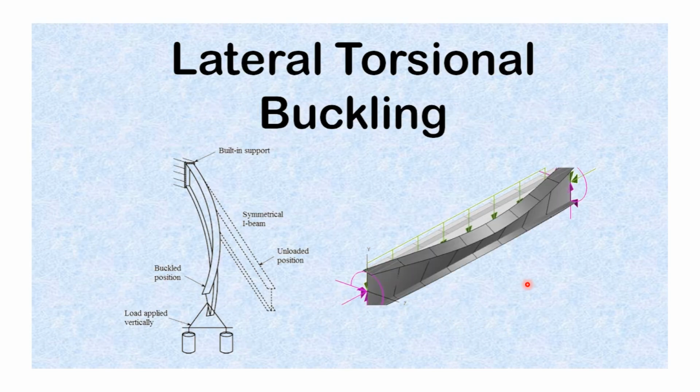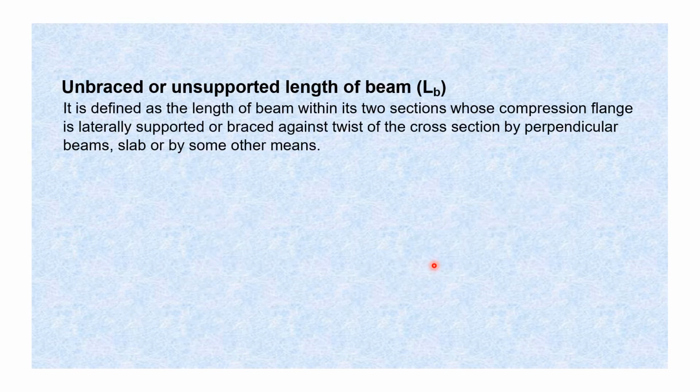So if we provide some section here that can resist the twisting, from this side or at midpoint, or some bracing, then you can understand there is less chance of buckling. So if we go for less unbraced length, that is good for us.